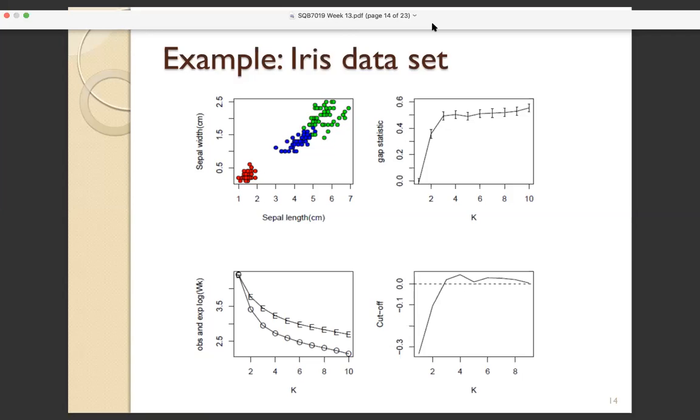Actually, you can take some idea from the way GUIDE discretizes the continuous variables, right? Last week I talked about how GUIDE actually does that.